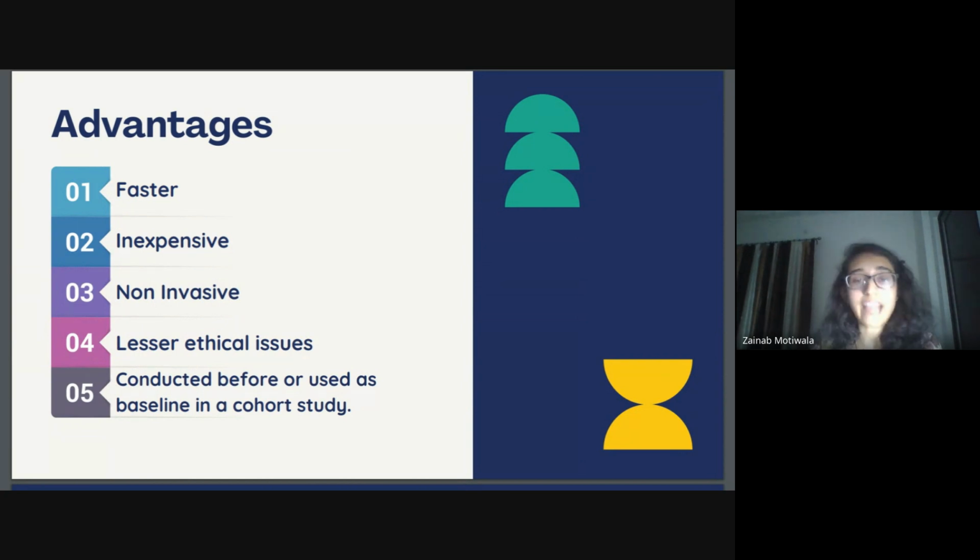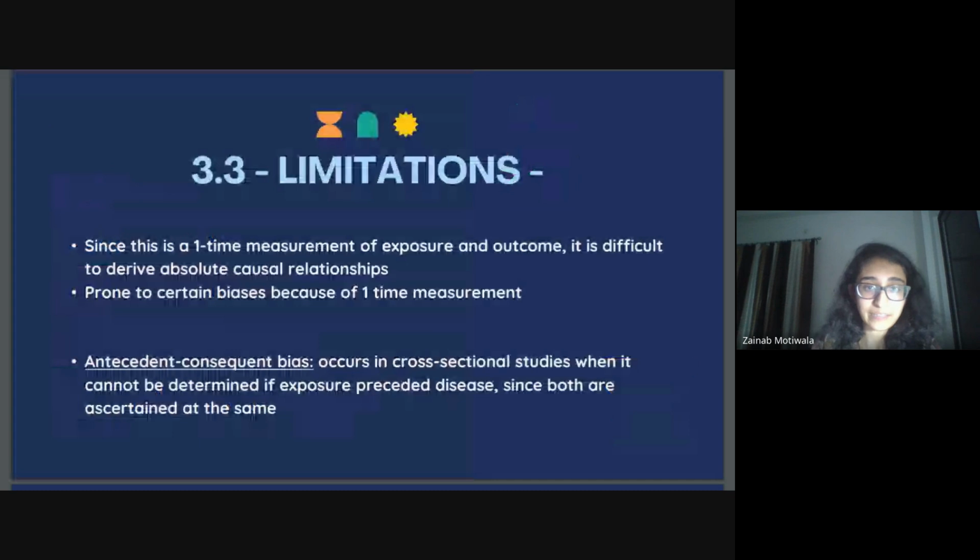Since it's an observational study, it's non-invasive, and there are not a lot of ethical issues because it's non-invasive. As I said, it can also be used as a baseline study or a pilot study before we go ahead and do a cohort study. These are some of the primary advantages of a cross-sectional study design.